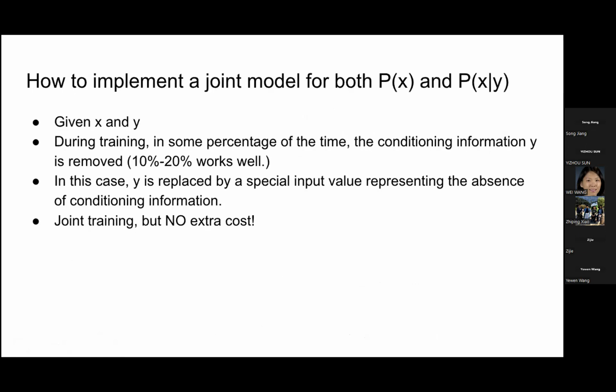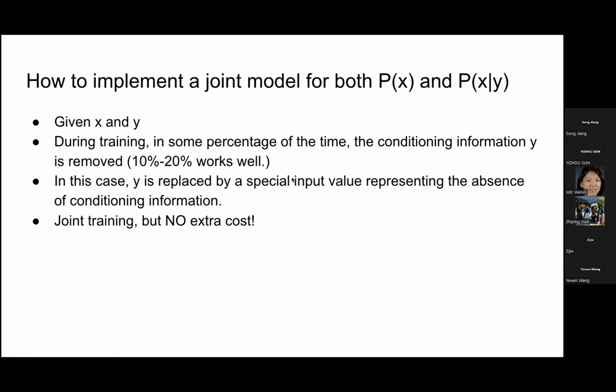And how do they do that? It's a pretty simple trick. The author mentioned in the paper that they just change one line in their code: during the training, some percentage of the time, the condition... Okay, first, suppose we have a model with two inputs, X and Y. During the training, some of the time, we replace the conditional information Y with some specific input value, just as what we have in natural language, the SEP, the separator, or the CLS, right?